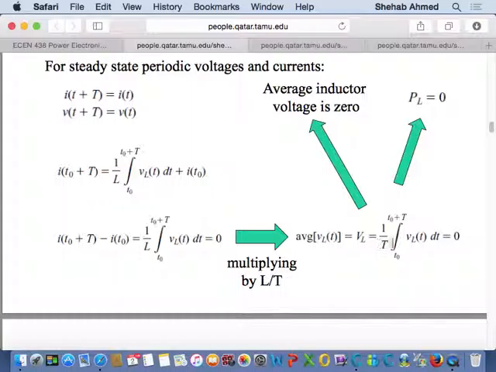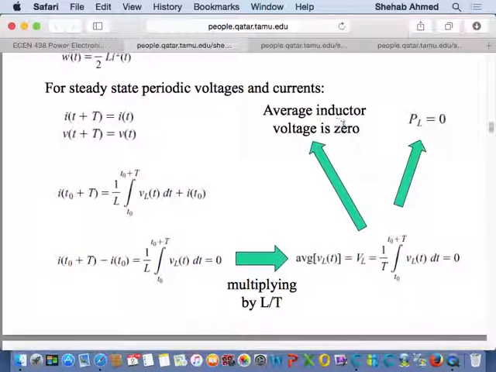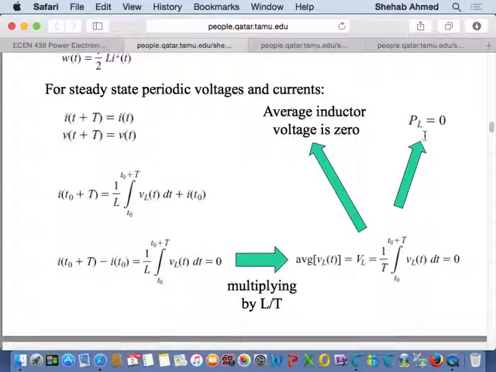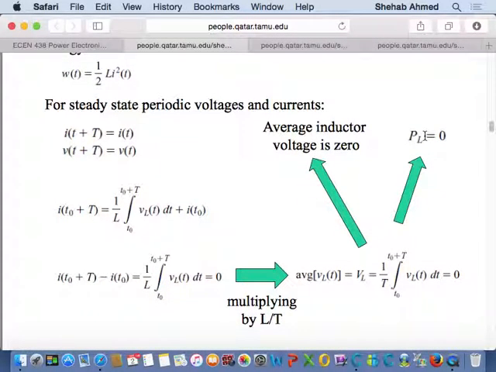And it says that the average value of inductor voltage is equal to 0, which means that the inductor will not consume average power, right? Because the average power is equal to the average voltage multiplied by the average current. So since the average voltage across an inductor is equal to 0, then the average power is equal to 0, and it confirms what you know before, that an ideal inductor does not consume power.